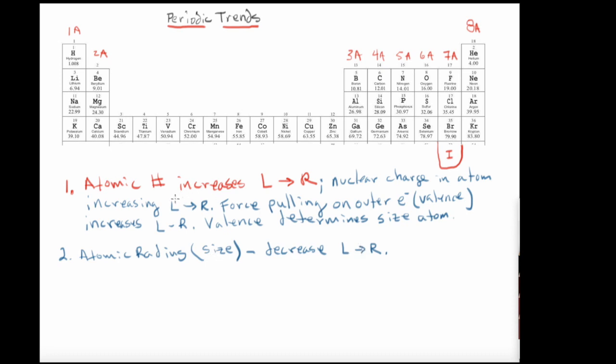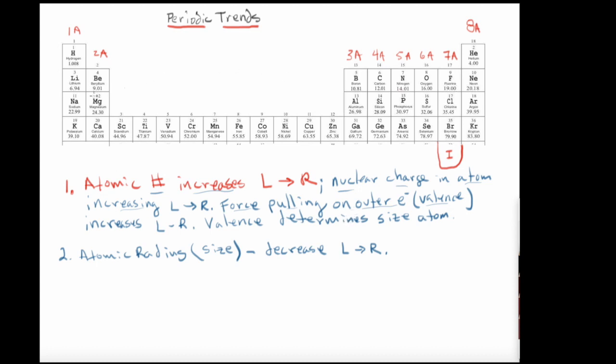It's because the atomic number is increasing. It's because as you go left to right, the nuclear charge in the atom is going up, and that means that there's more force pulling on the outer surface electrons, which are the valence, and that's going to cause the valence to be pulled in closer to the nucleus, thereby causing those particular atoms to be smaller than the ones on the left.